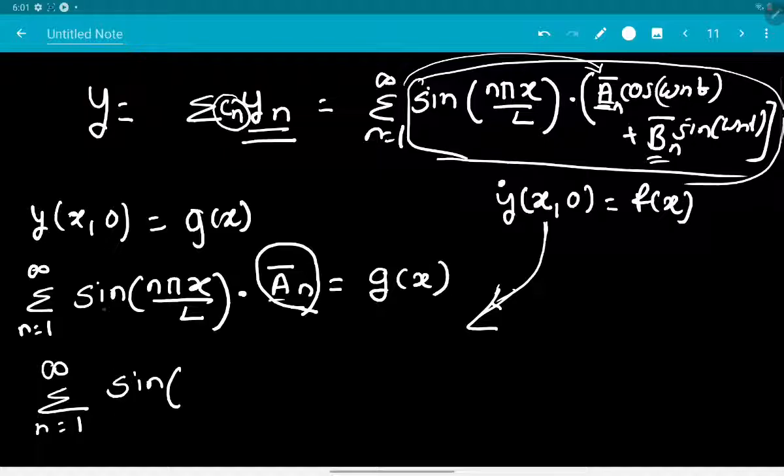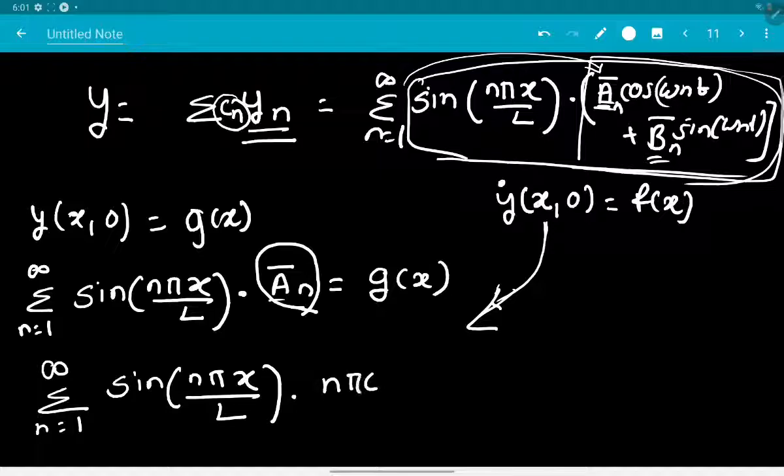Sine of n pi x is a function of x, it's not going to change. Only the time-dependent part will be differentiated once with respect to time, and then you put the value of time t as 0. What you get is n pi c by L times bn bar. This is equal to f of x.